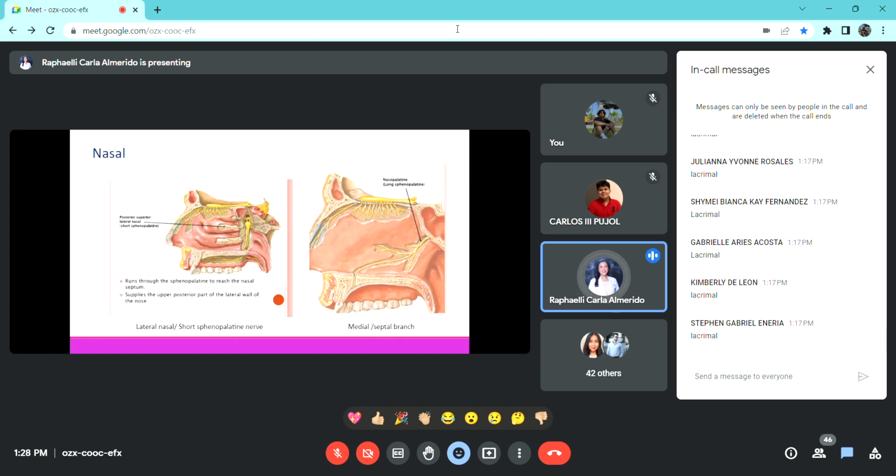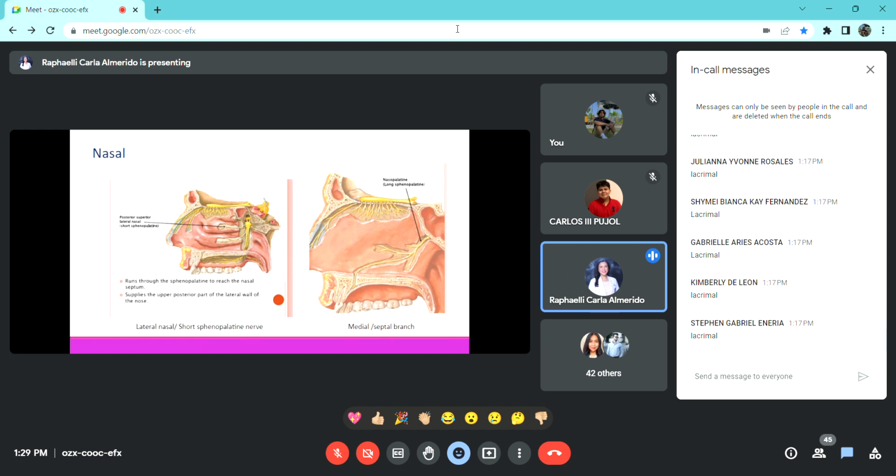It's the one on the left side. It runs through the sphenopalatine area to reach the nasal septum. For some references, they also call it the short sphenopalatine nerve. So what does it supply?